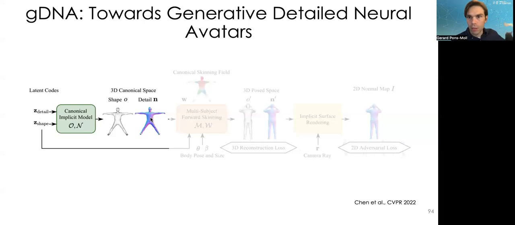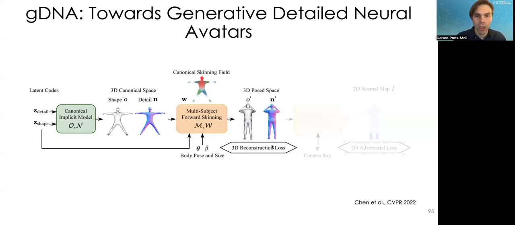All right. So this model is not subject specific. It could also generate these neural shapes for a wide variety of shapes. And that's why there is this module, which is a multi-subject forward skinning, which is basically extending or adapting the skinning model of SMPL to these neural implicit fields.